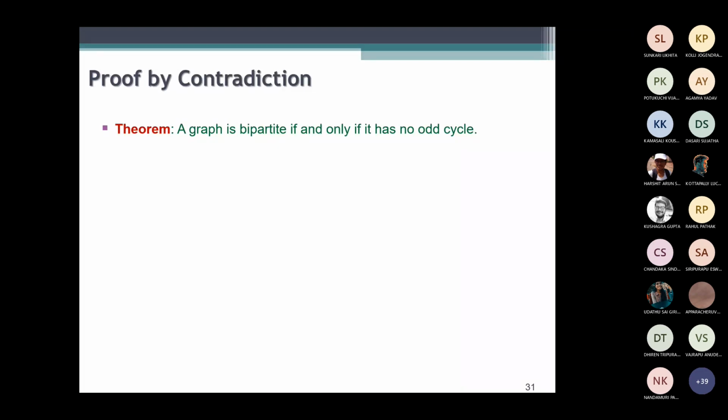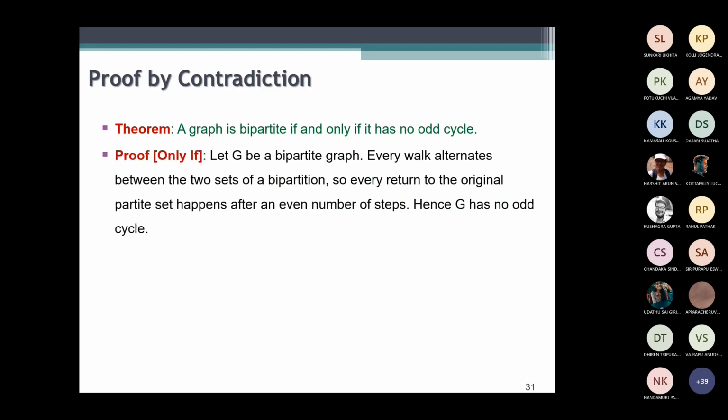A graph is bipartite if and only if it has no odd cycle. So first we prove the only if part. So it means that if the graph is bipartite, we have to prove that it doesn't have any odd cycle. So consider that G is a bipartite graph.